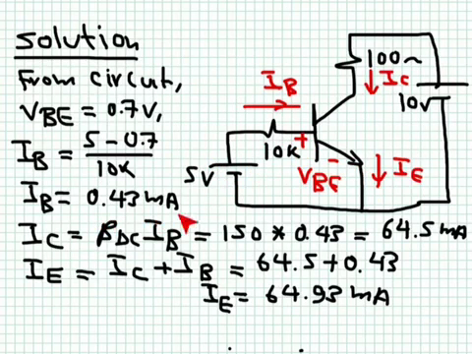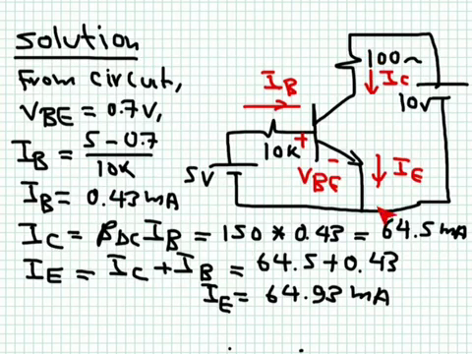This will give us a relatively small current, 0.43 milliampere. Assuming forward active region of operation, then I collector is equal to beta IB. I take this number, multiply by 150, and we get 64.5 milliampere. This is significant current flowing here.